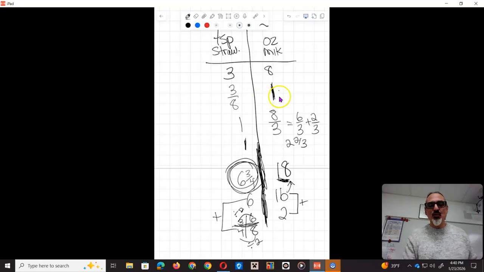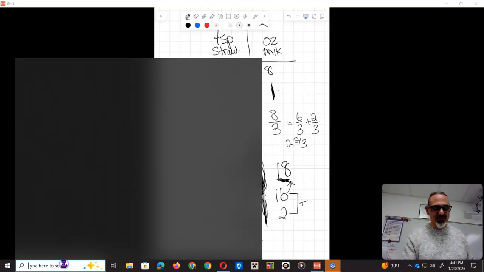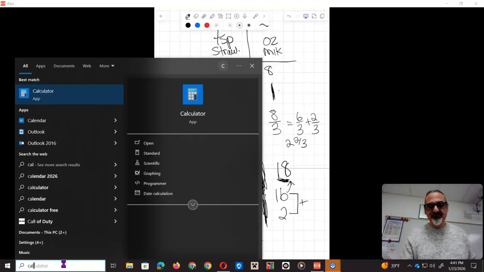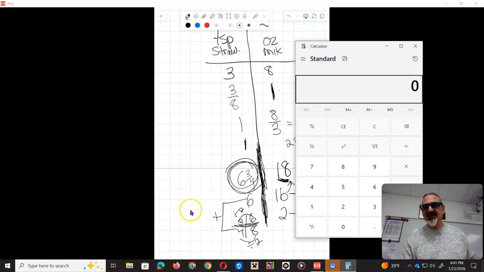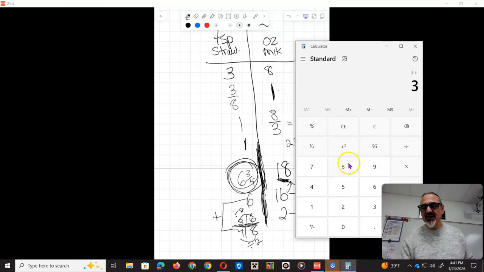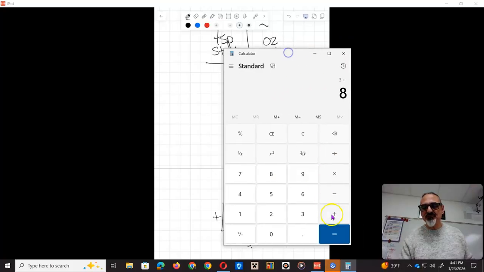But if I know that 1 ounce of milk will get me 3/8 teaspoons of strawberry, here's where a calculator can help. So watch this. I know then that I have to do 3 divided by 8, which is 3/8. Okay, that's 0.375.